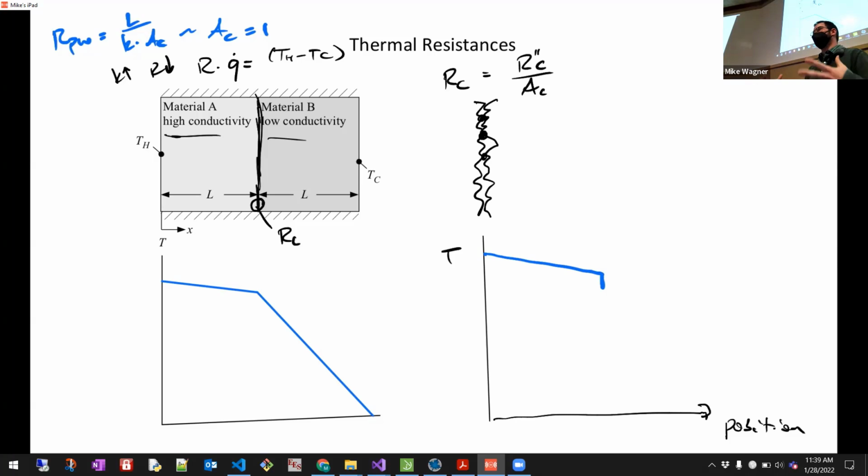It's an additional source of impedance to heat flow. And then the rest of the way, you'd have your regular resistance back. So anytime you have a contact resistance, it just introduces this very local, high gradient temperature drop.